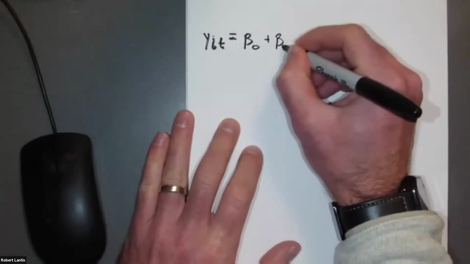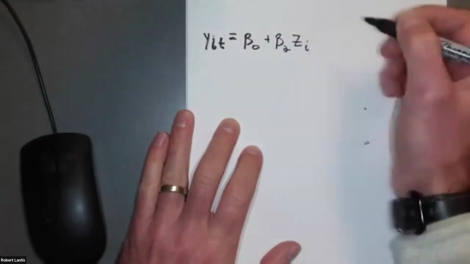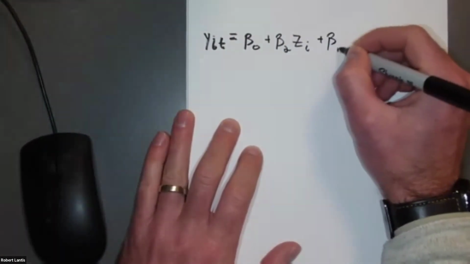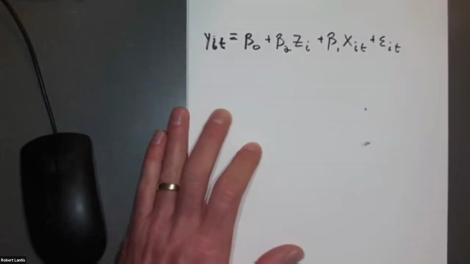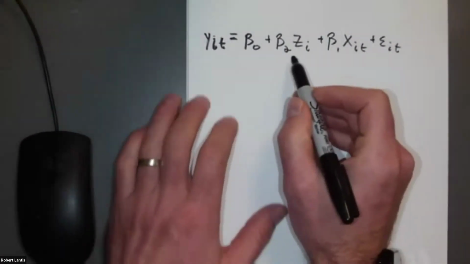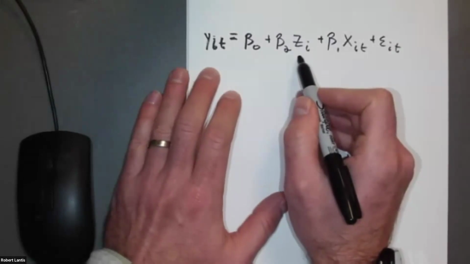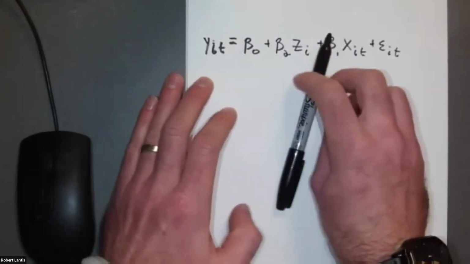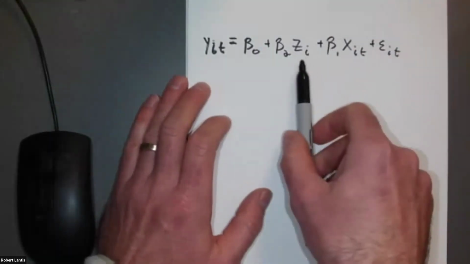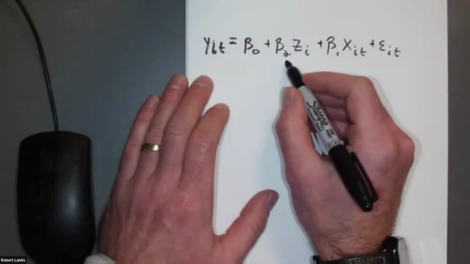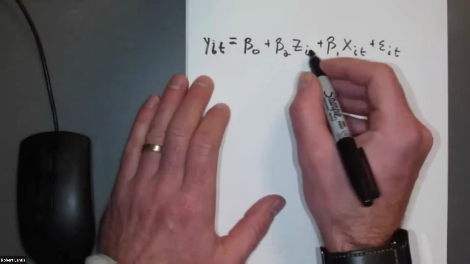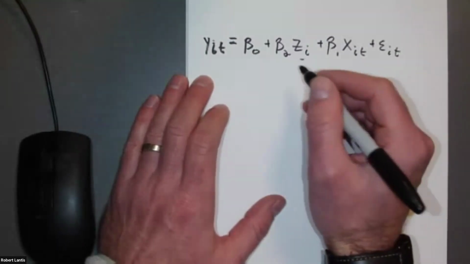So let's say I've got these time invariant factors, and then I have this variable that I'm really interested in estimating the relationship between that and my Y variable. Well, really what this is doing, if these are time invariant factors to every single person in our example, it's almost like what we could do is create a dummy variable for every single person, right?